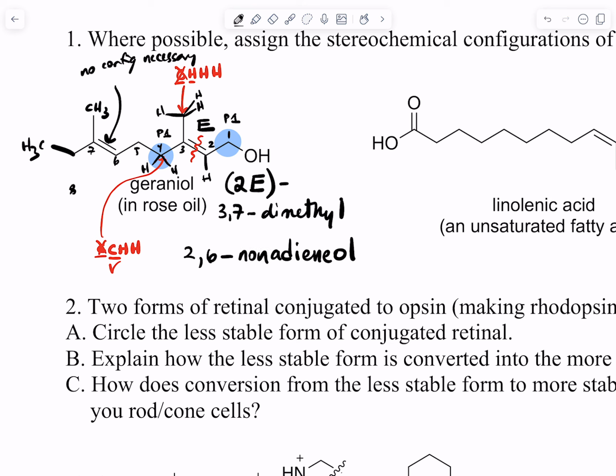You don't have to write this down. If I did that, these 2 would be the priority 1 groups. This would be also E. I'm just doing that in my head because we're going through it quickly. You would do 2E, 6E, and so on. Now that's not the problem I gave you, but that's how you'd handle it with multiple alkenes.